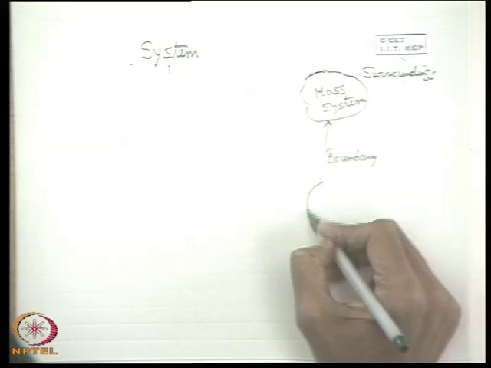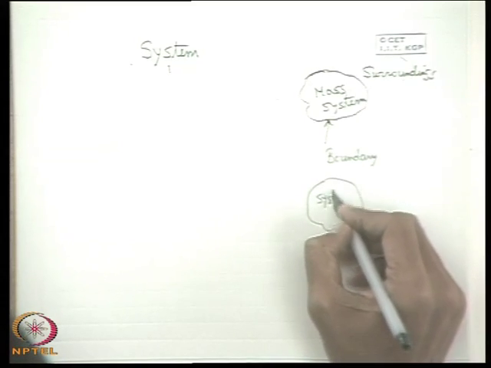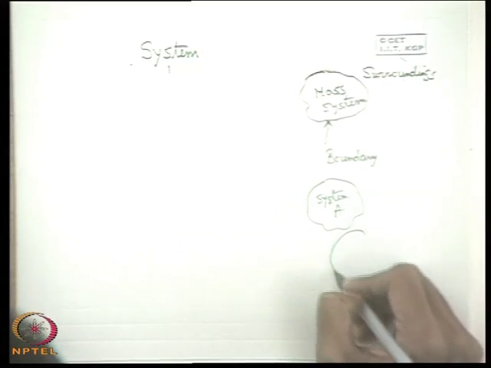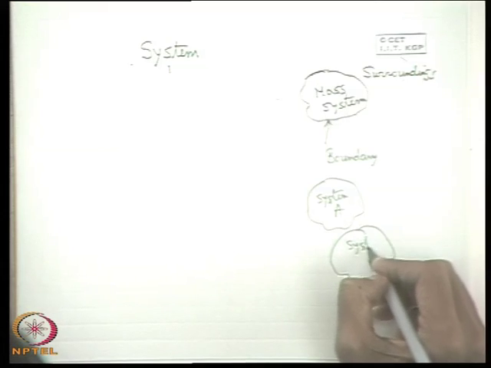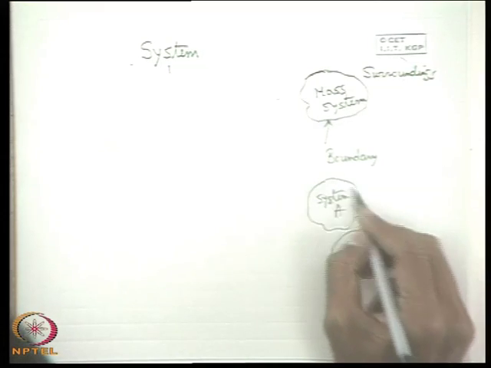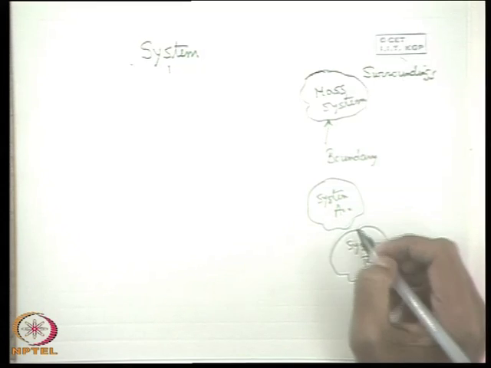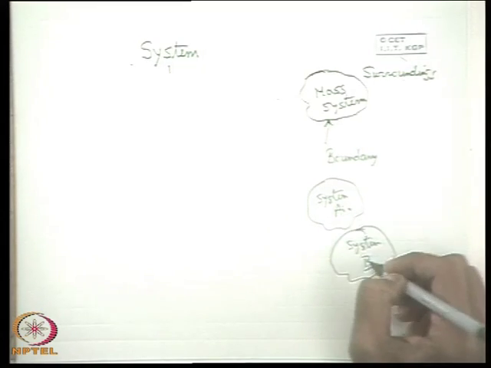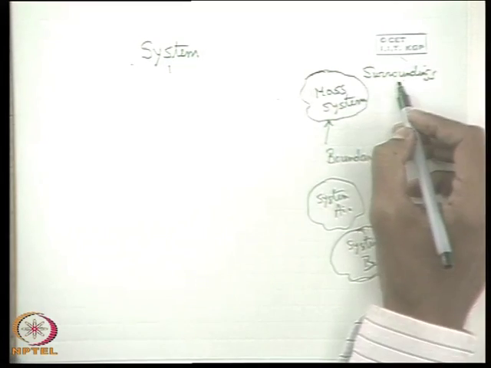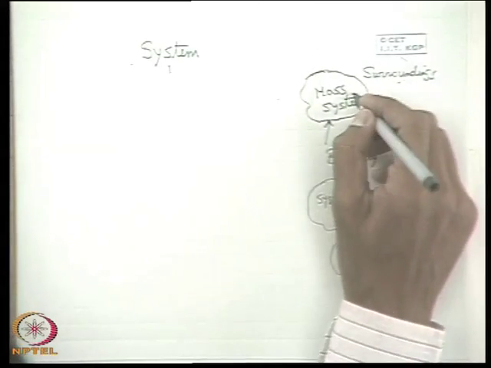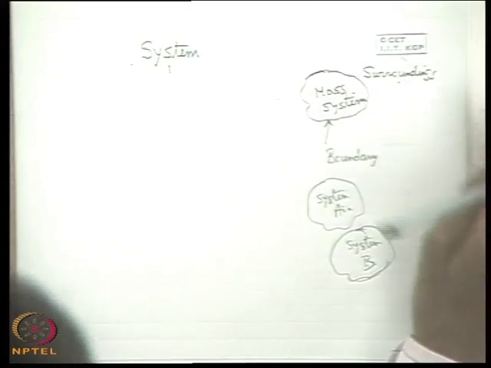For example, we can think of system A with a boundary and system B interacting with each other. In that case, if we take system A as the system, system B will be surrounding to system A. Similarly, system A will be surrounding to system B. So surrounding means it is external to a particular system on which we are paying our attention.